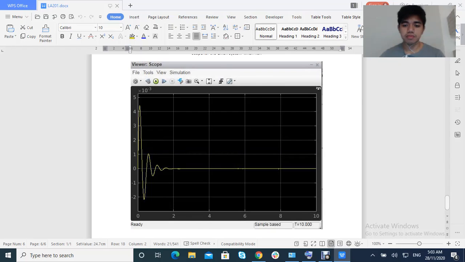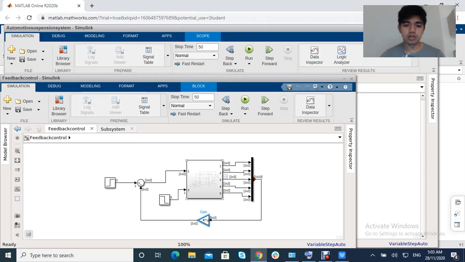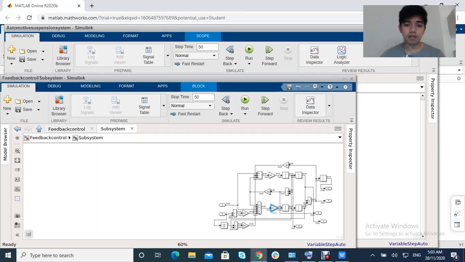This step signal will enter number 2, and this step signal will enter the sum block, and this will be calculated going through 1. This will enter the whole automotive control system here.